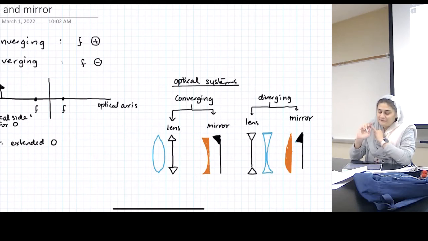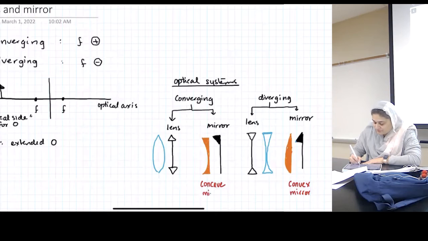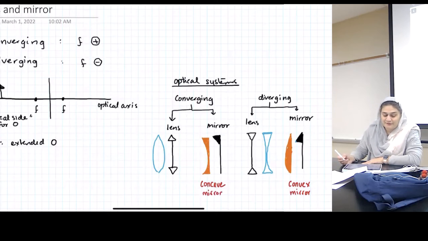A converging mirror is actually a concave mirror, whereas a diverging mirror is called a convex mirror. For mirrors, that is going to be true, and it's the opposite for lenses.